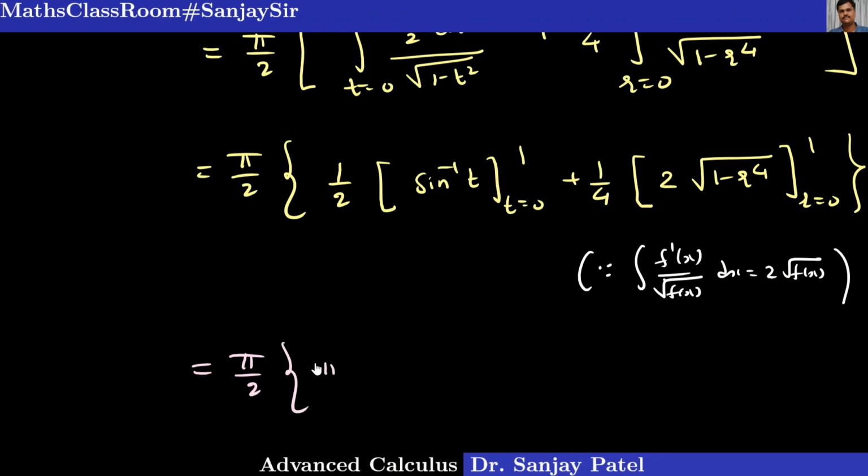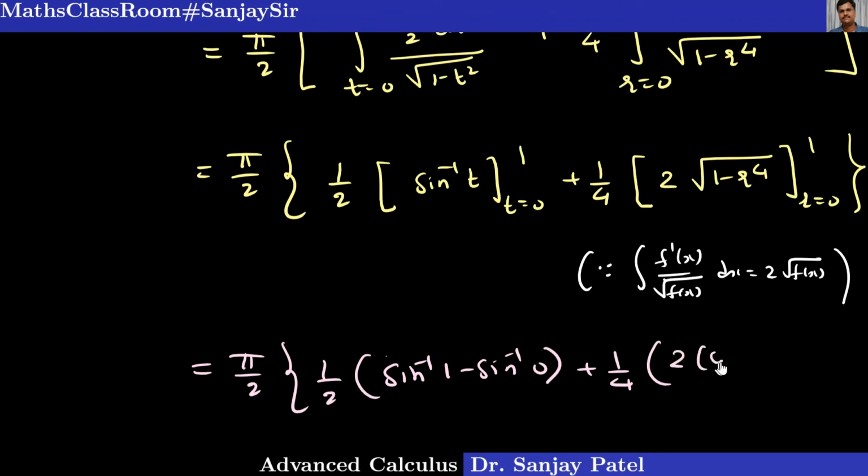Sine inverse 1 is again pi by 2. So it is sine inverse 1 minus sine inverse 0. And here 1 by 4 times, when you put r equal to 1 first, I will get 2 into 0, and when you put r is equal to 0, you will get 2 into square root of 1, that is 1.